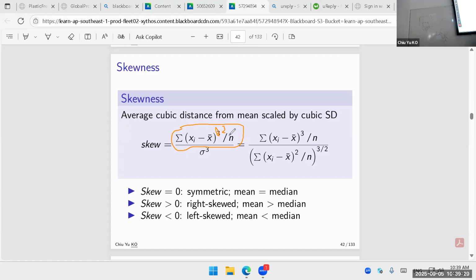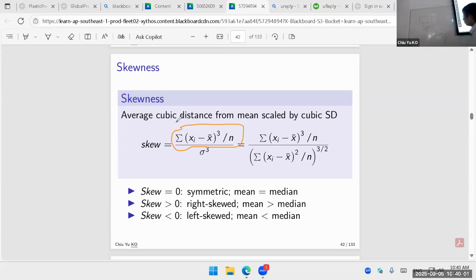So what is the 3? The 3 is the skewness idea. Why? Because negative and positive don't cancel out. If below the mean, raised to the power 3, it's still negative. Positive, still positive. So if the data have a lot positive, way above the mean, compared to the distance of the negative ones, it skews positively.